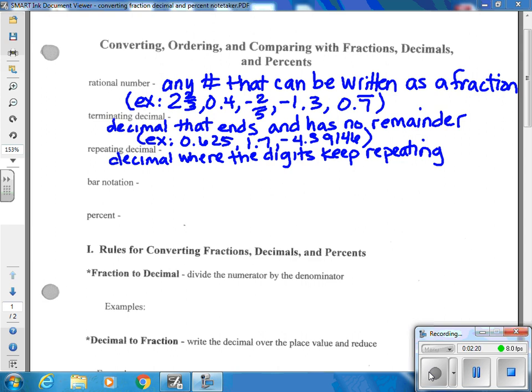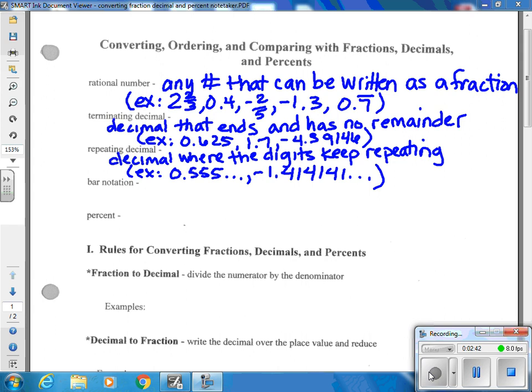So some examples might be 0.555... It tells you that the fives keep going, right? Another example might be -1.414141... Right? So you see the repeating pattern happening behind your decimal.